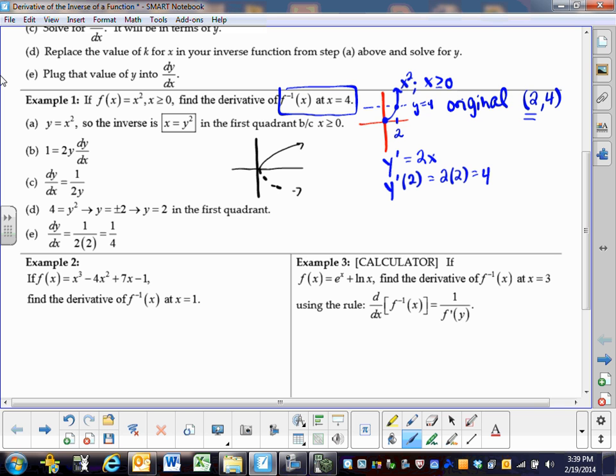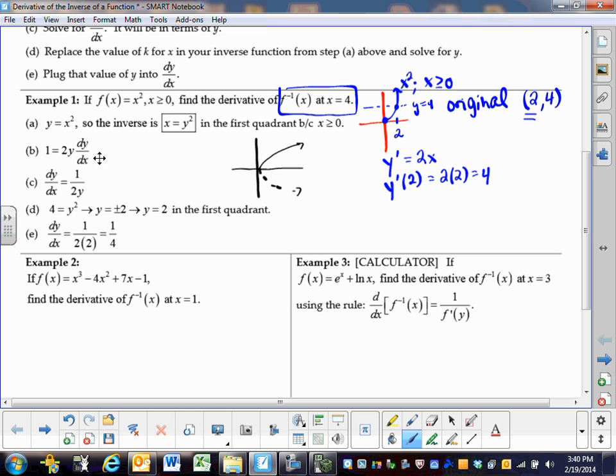So we have x equals y squared, and we're only choosing the first quadrant part because x had to be greater than 0 and y had to be greater than 0. That's the restriction initially. If the initial one was in the first quadrant, the inverse will be as well, because all the points are swapped but still positive.